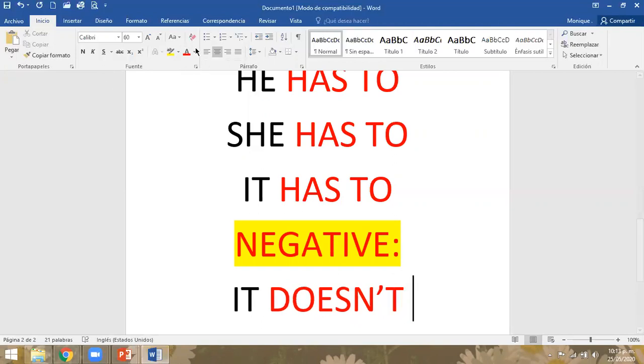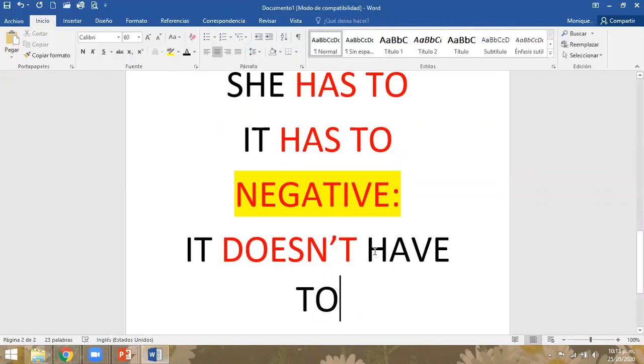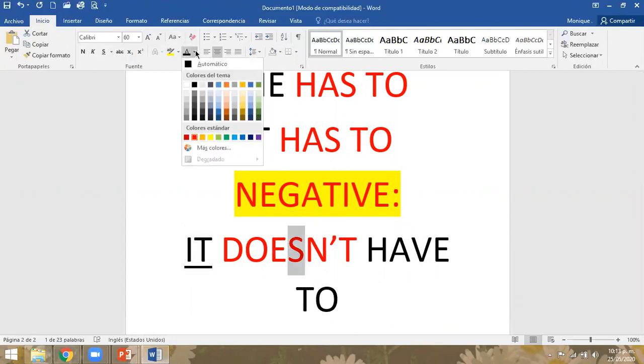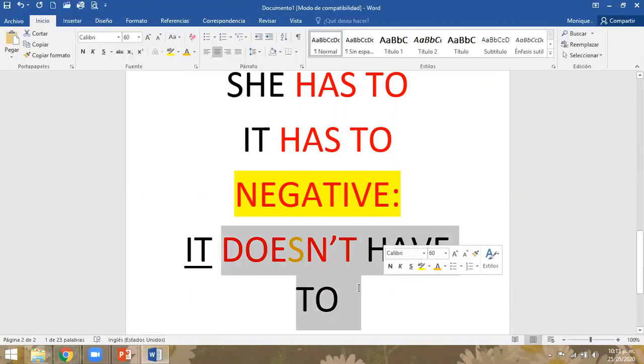And if we use the auxiliary, we don't have to use any more has to, but have to. Because remember that this S represents this part. Remember that the doesn't has already the S of the have to.